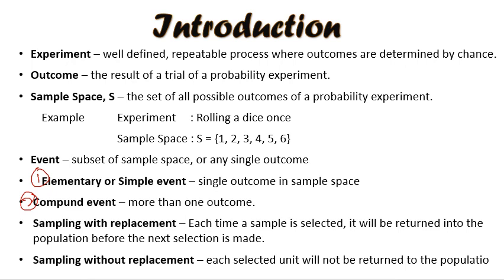Compound event is more than one outcome. Sampling with replacement: each time a sample is selected, it will be written into the population before the next selection is made. Sampling without replacement: each selected unit will not be written to the population.